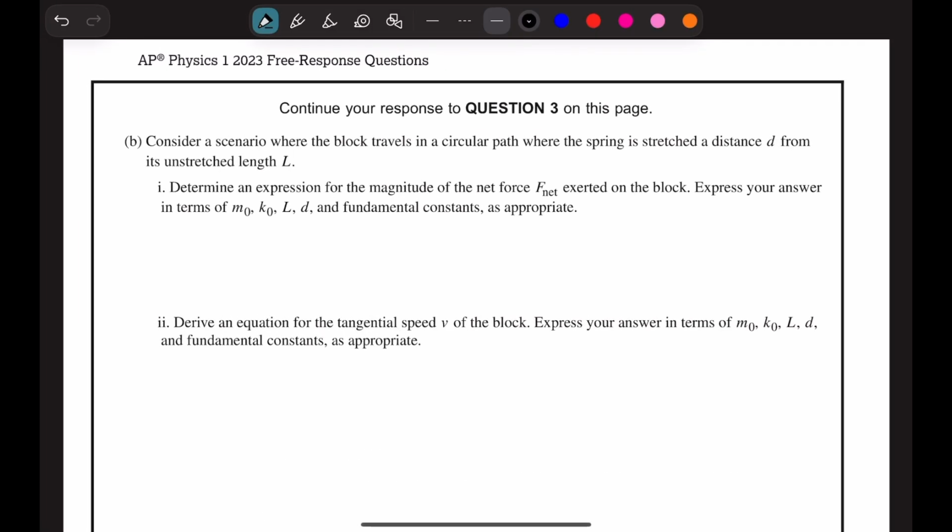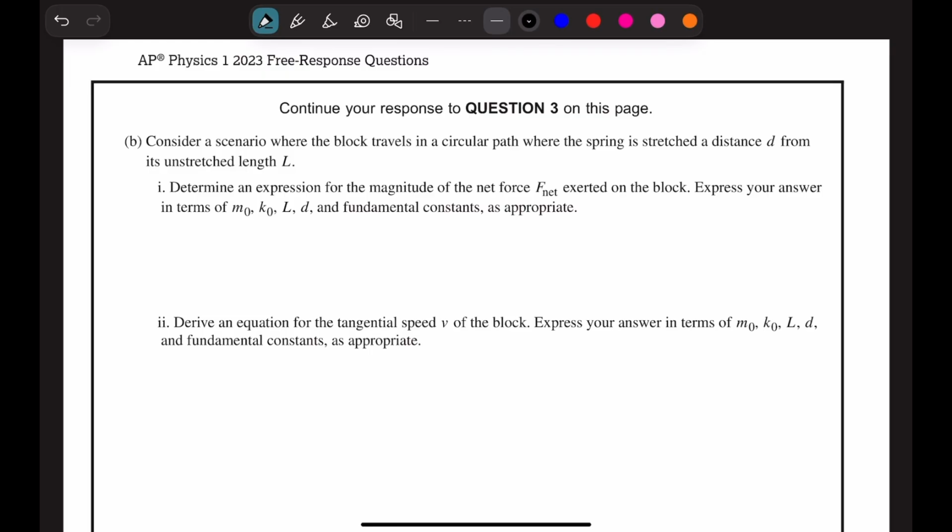Okay. Consider a scenario where the block travels in a circular path where the spring is stretched a distance d from its unstretched length L. Determine an expression for the magnitude of the net force F net exerted on the block. So, what can we do for this?